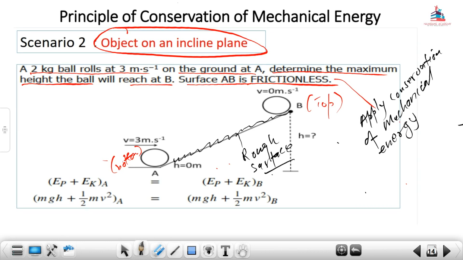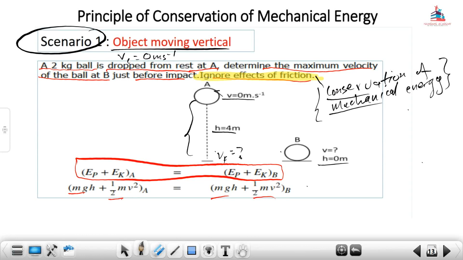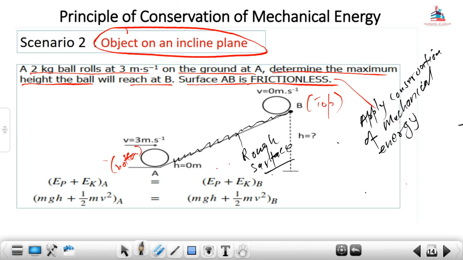We can only apply conservation of mechanical energy when we have a frictionless surface, or if we are told to ignore the effects of friction. So once we are told to ignore the effects of friction, once we are told frictionless surface, then we can only apply the conservation of mechanical energy.